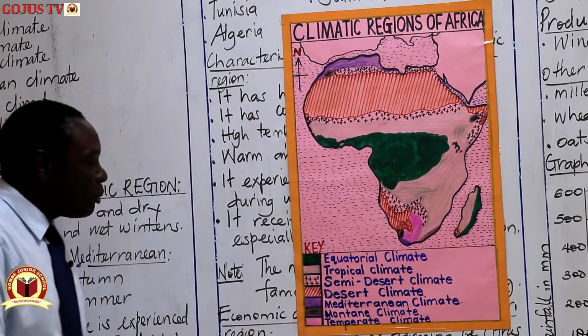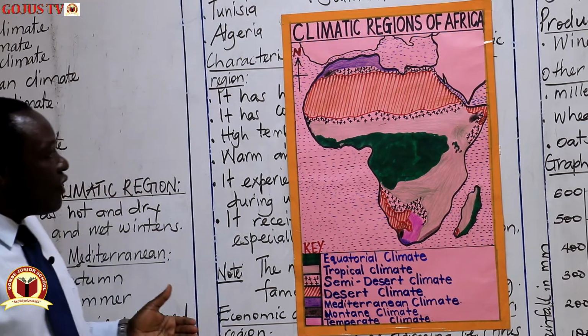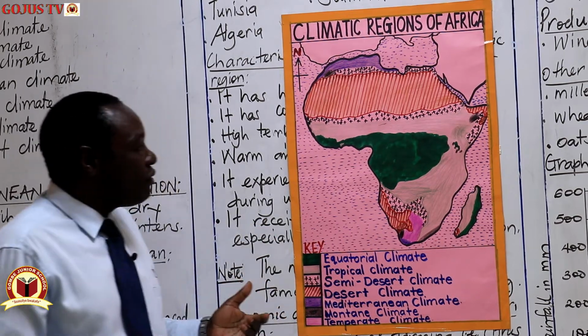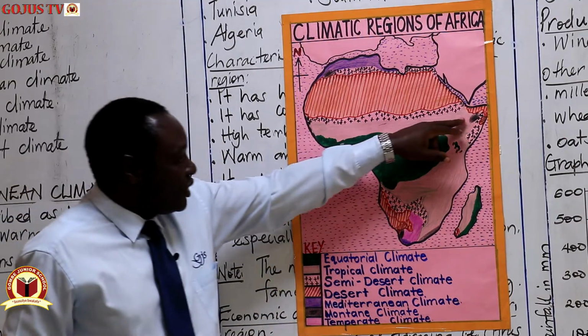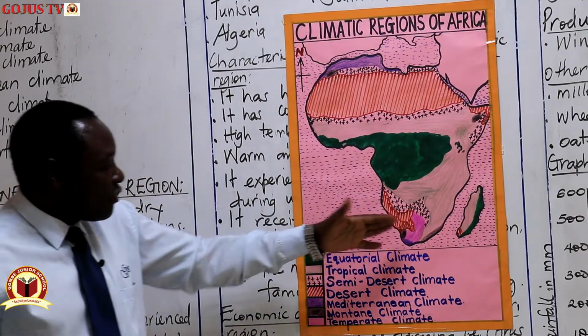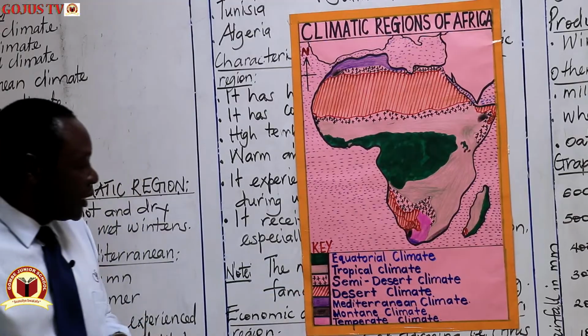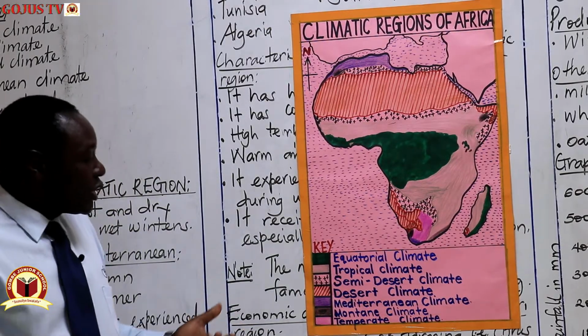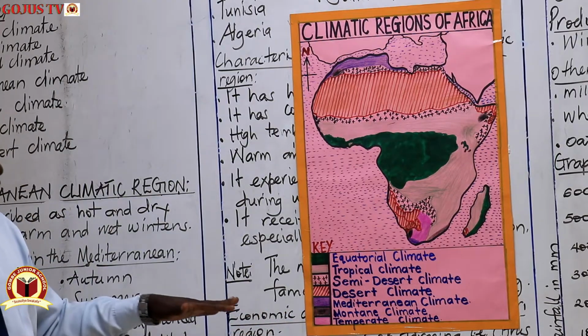Then you also have the mountain climate. This one is experienced in areas that have mountains, more especially in the Ethiopian highlands, these areas here. Even when you look at the Drakensberg in South Africa, that's why you find the mountain climatic region. Just as you hear the word mountain, this one is found in mountainous areas, in highland areas.